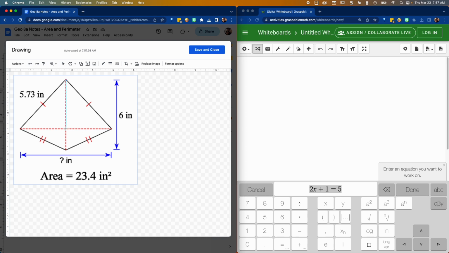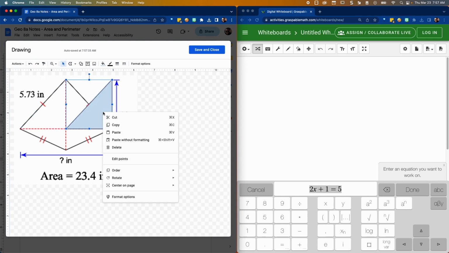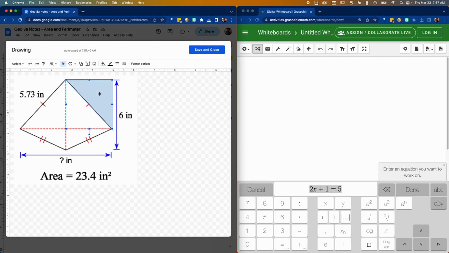So for example, this triangle in the top left can come over into this piece up there. So if I take it and then I flip it vertically, it fits right in there perfectly. I'm going to be doing the same thing with this other triangle down here.